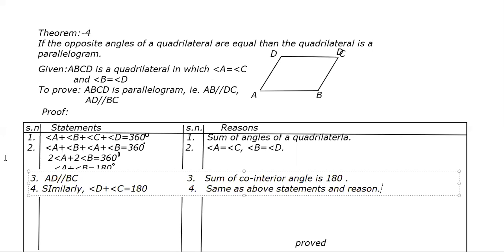If we keep C and D in the place of A and B, C plus D is equal to 180.